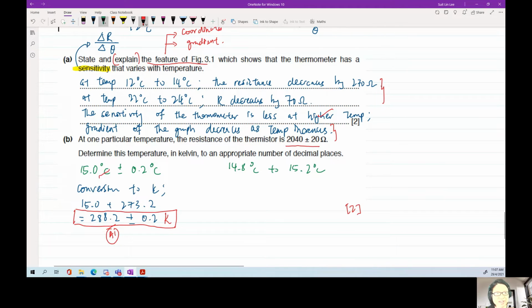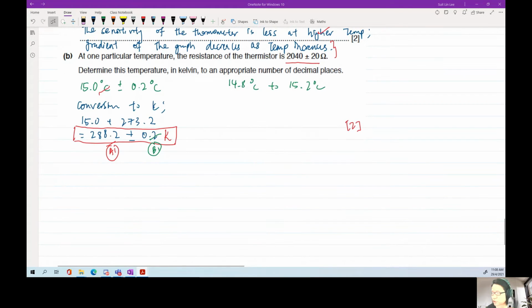And then if your uncertainty is correct, you get another 1 mark. I think it's B1. Old mark scheme lah. Don't rely on this. This is May, June 2006. Some of you watching this may be younger or may not be born in 2006. Okay, so this is the thermometer temperature question.